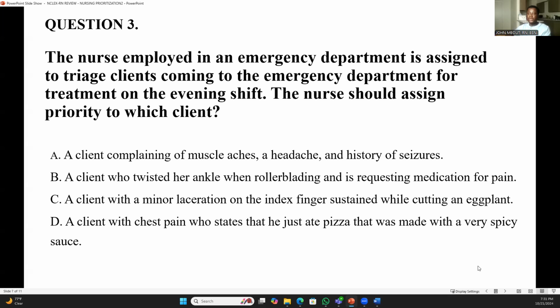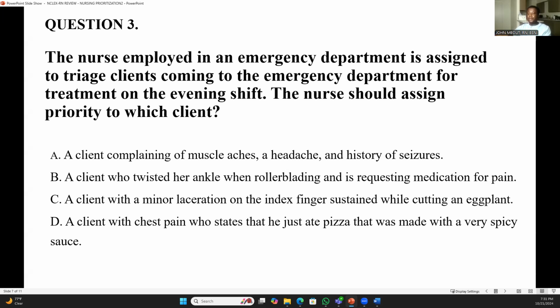Let's look at the next question. The nurse employed in an emergency department is assigned to triage clients coming to the emergency department for treatment on the evening shift. The nurse should assign priority to which client? When you're doing a prioritization question, there's a way that you attend to clients in the ED. That's what we call triage. You sort out according to the severity of the condition. A, a client complaining of muscle aches, headache, and history of seizure.